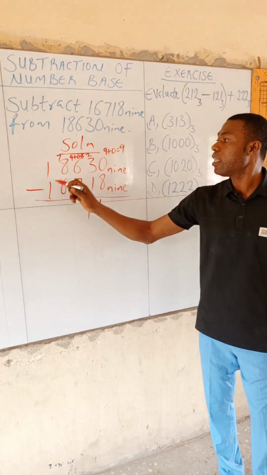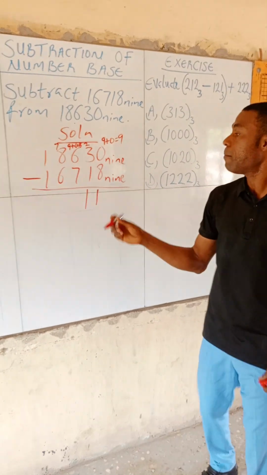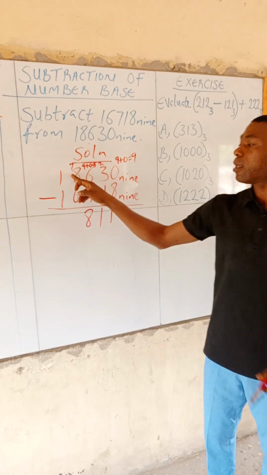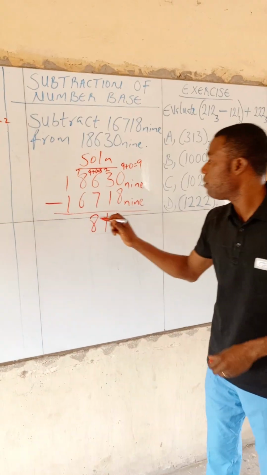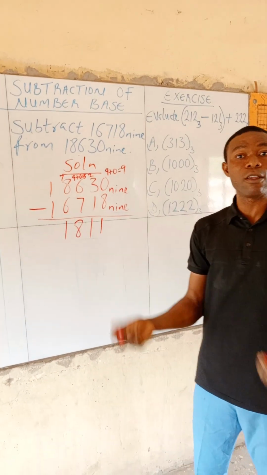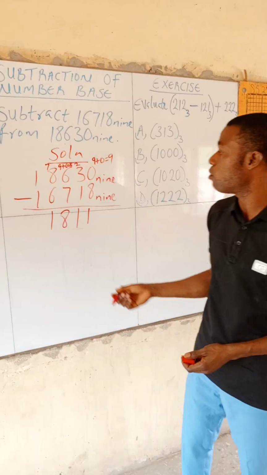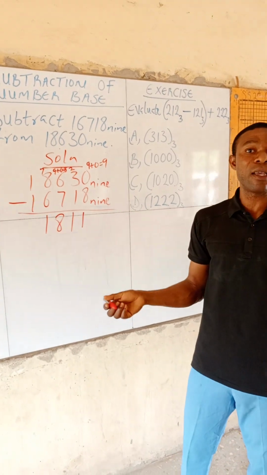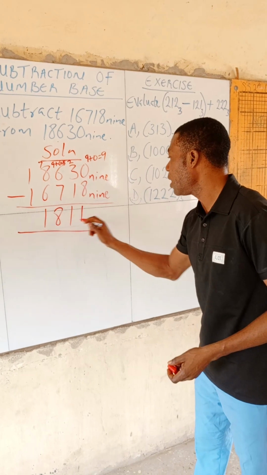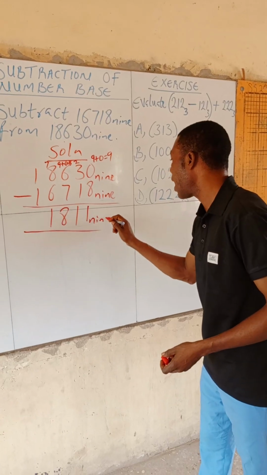Then 15 minus 7 gives 8. Then we are left with 7 here. 7 minus 6 gives 1. Then 1 minus 1 gives 0. Of course there is no need of writing 0, because a 0 before a number is the same thing as that number. So the result will now be 1811 base 9.